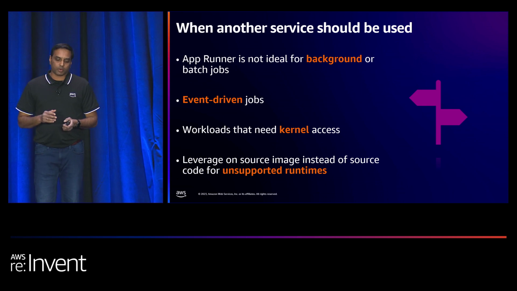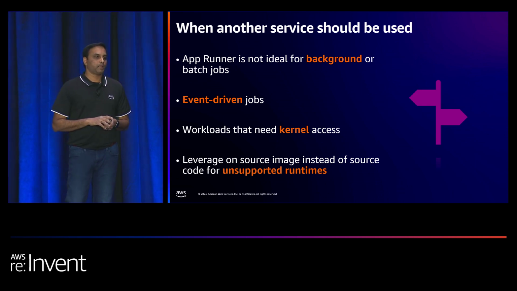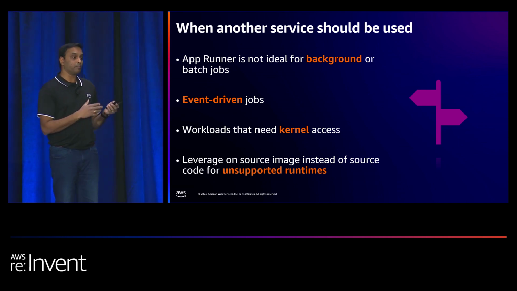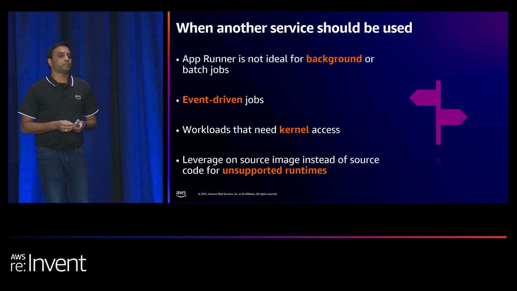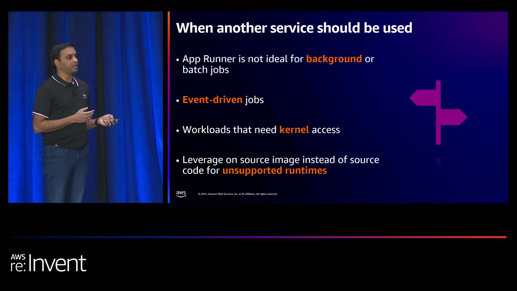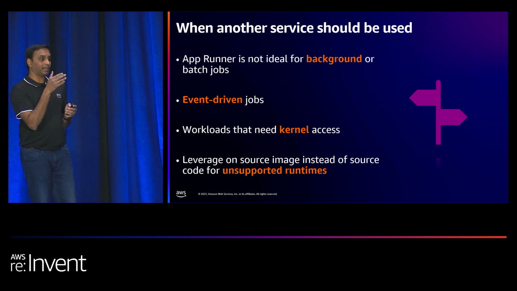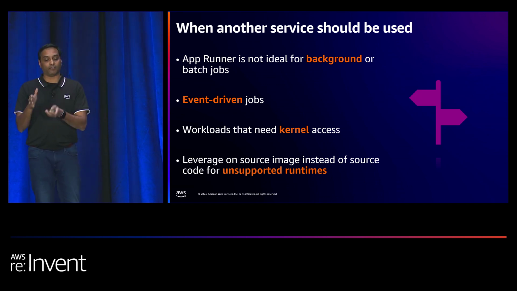Now, I want to talk about where App Runner might not be the right fit for you. If you have background jobs or batch jobs running, App Runner is not the right fit. This is because App Runner works based on the context of a request. As soon as you get a request, it is able to create the resources, spin it up, and make it available for you to run.